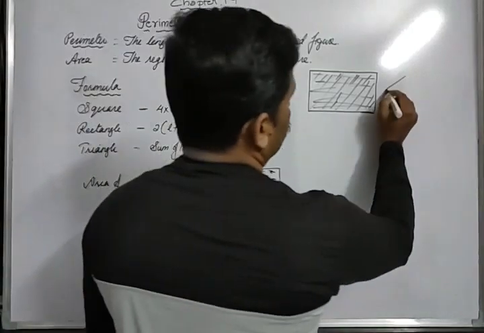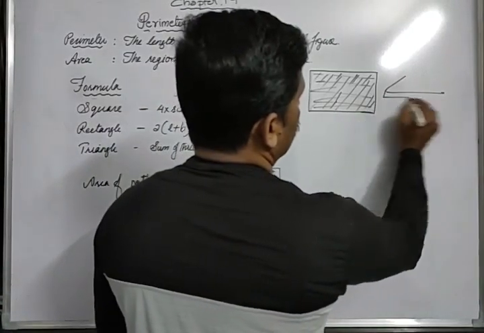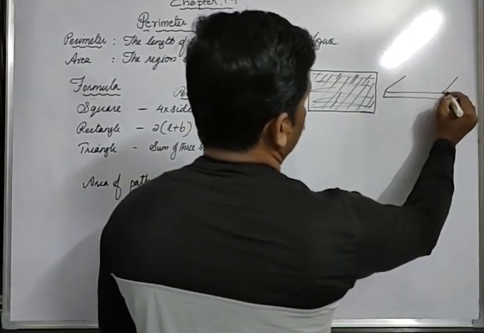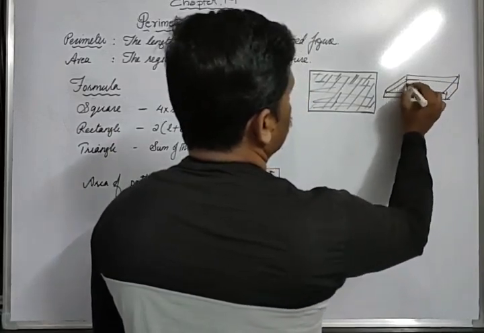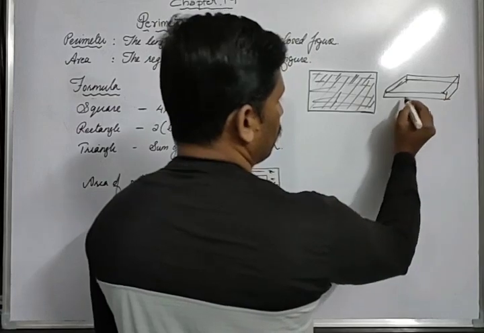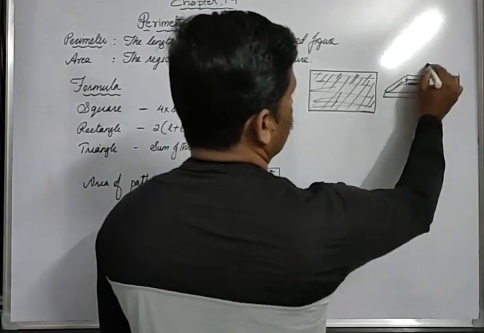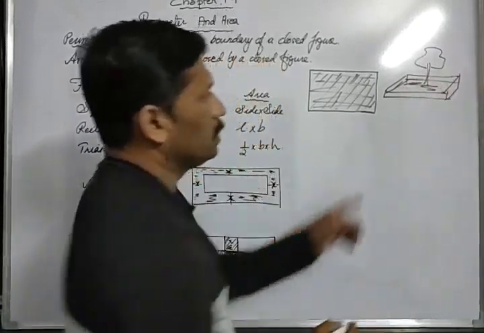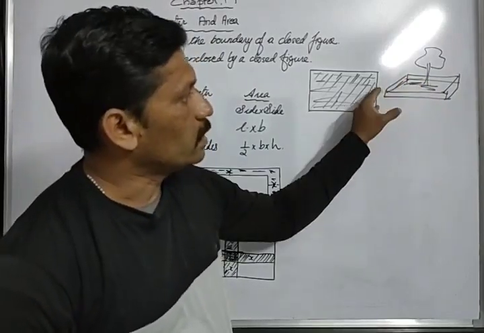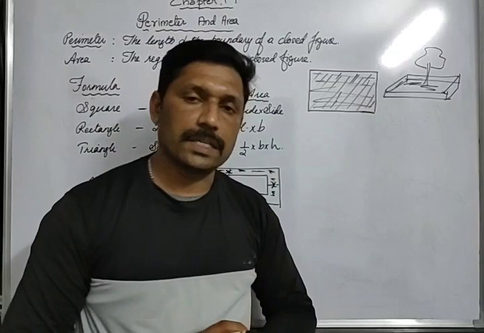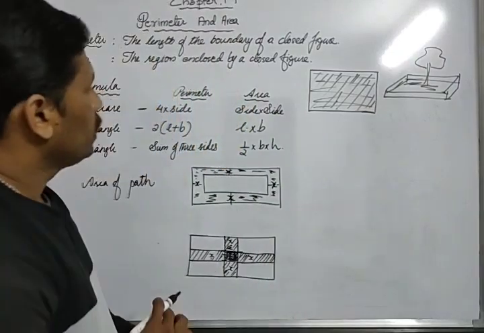Similarly, if this is a rectangular area, the length of this boundary is called the perimeter, and the space occupied inside by the closed figure is called the area. That's the difference between perimeter and area.